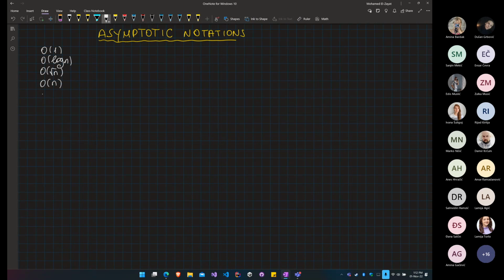By the way, these are polynomial orders, so O stands for the order of the polynomial. Again, O of n log n. Then we have O of n squared, then also O of n cubed.